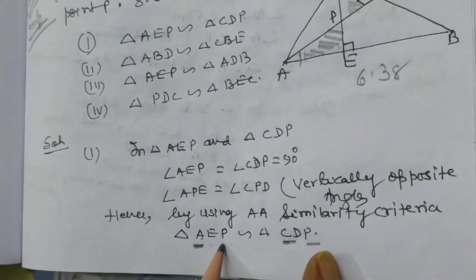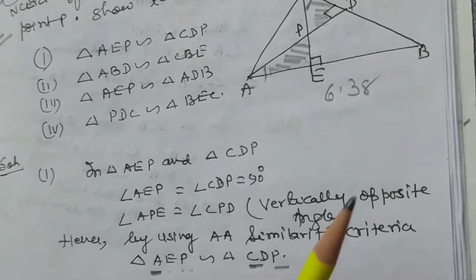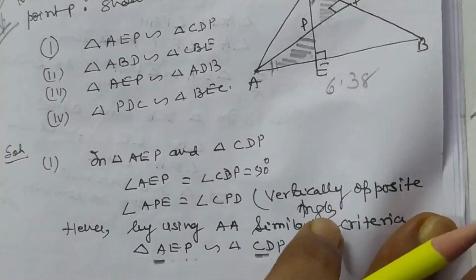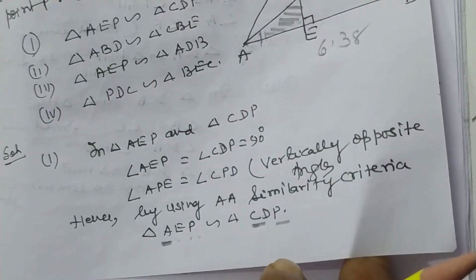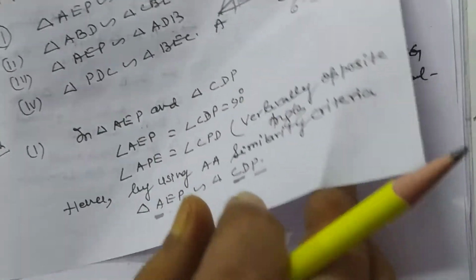So P is equal to P. So triangle AEP is similar to triangle CDP. In this way, we will maintain the order of the triangle also.